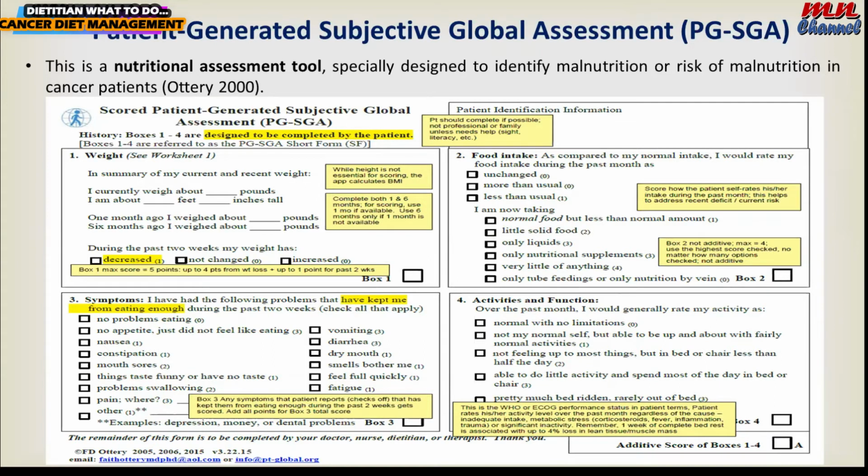The first page needs to be filled in by the patient: the recent weight loss, any weight changes, any symptoms, vomiting, diarrhea, dry mouth, mouth sores, altered taste, food intake, and also the functional status of the patient. Whether the patient is able to do light duty or is bedbound, they need to score themselves.